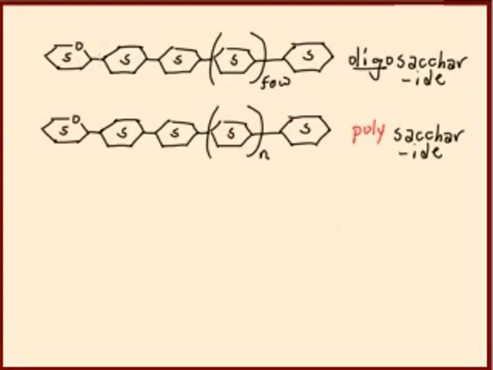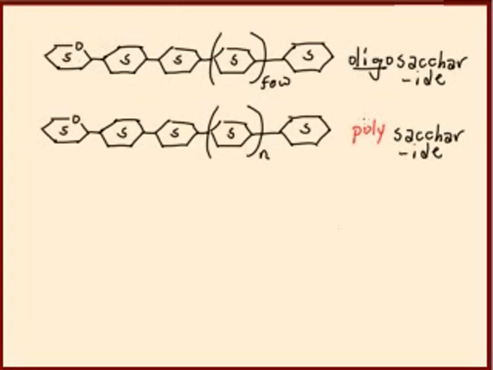There are three polysaccharides of glucose that are very important in nature. And on the next slide, we're going to talk about those polymers of glucose. But on this slide, we have our oligosaccharides and our polysaccharides.